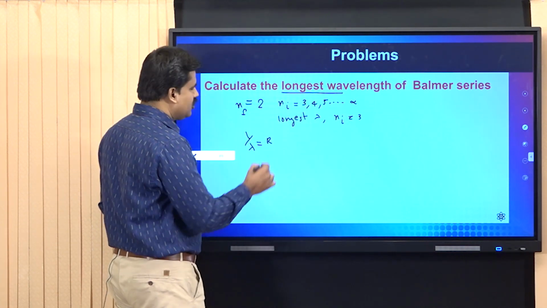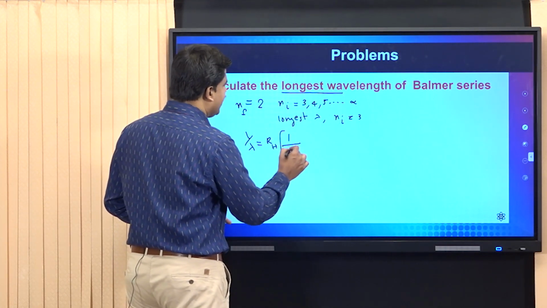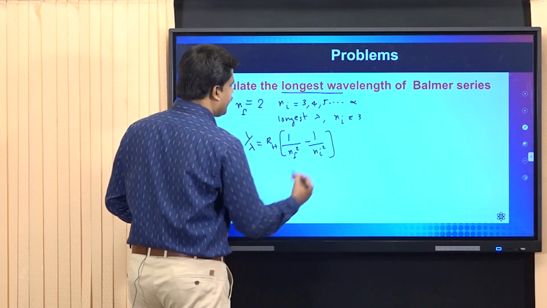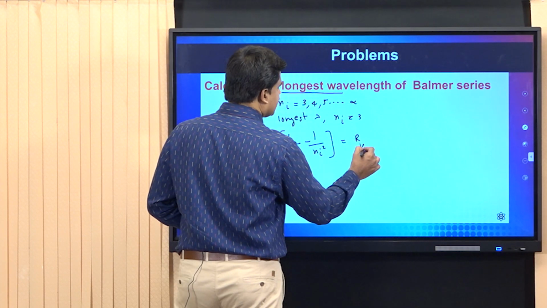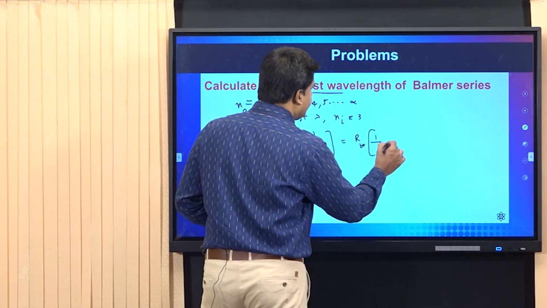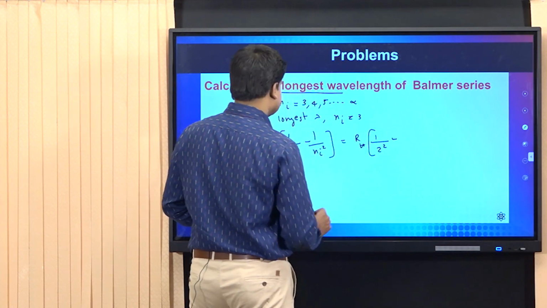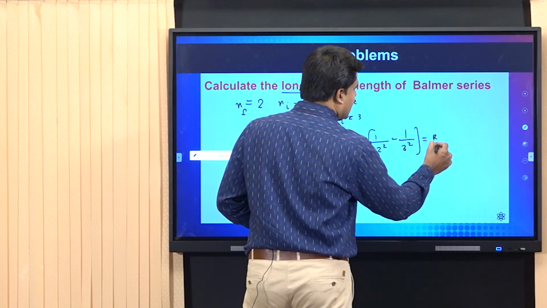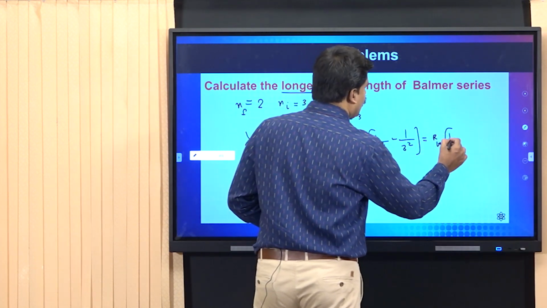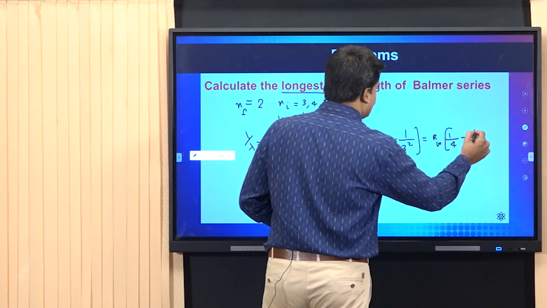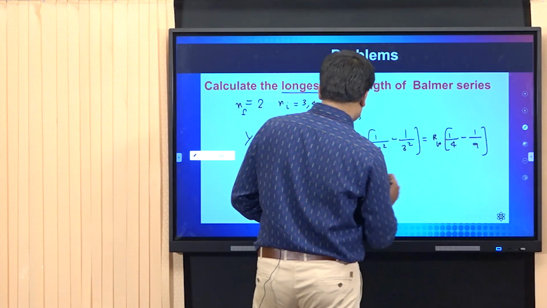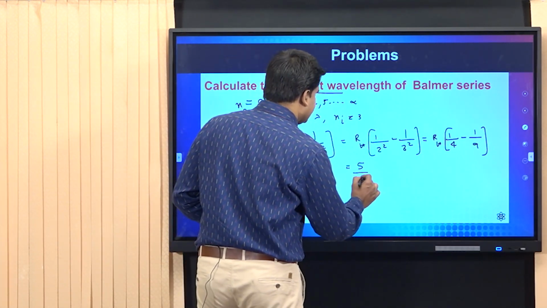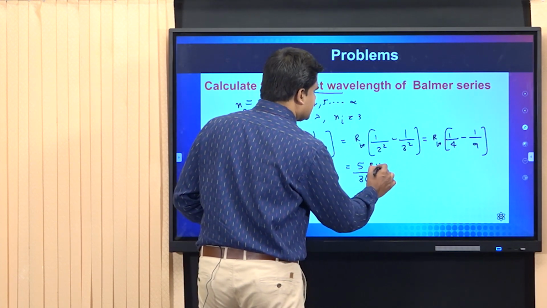And substituting the value of Nf and Ni in the Rydberg equation, that is 1 by lambda is equal to RH into 1 by n final square minus 1 by n initial square, that is equal to RH multiplied by 1 by 2 square minus 1 by 3 square, that is equal to RH multiplied by 1 by 4 minus 1 by 9, that is again equal to 5 by 36, RH is in the numerator.